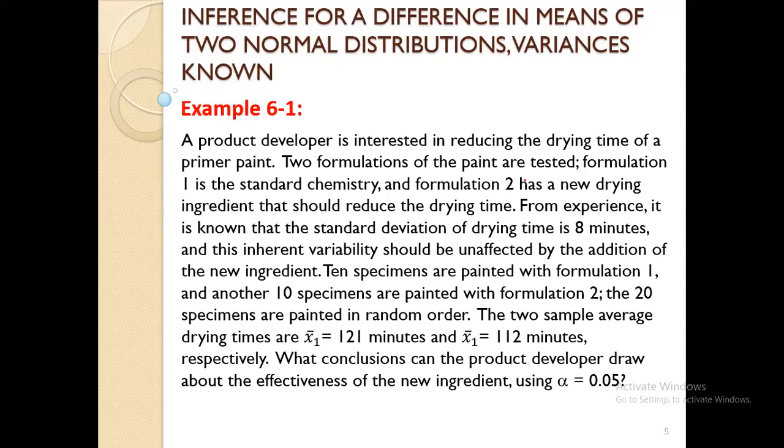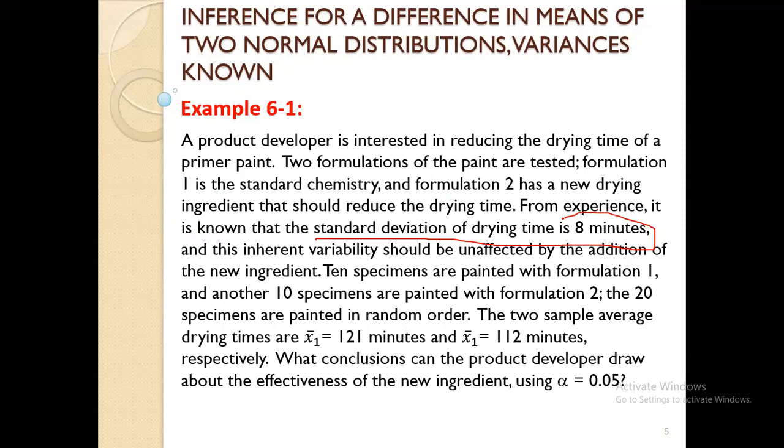For this, we have two formulas. Formula one is the old one. Formula two is a new formula. We have to compare between formula one and formula two. Is the new one better or not, for example? Okay. From experience, it's known that the standard duration of the drying time is 8 minutes. This is the standard duration.